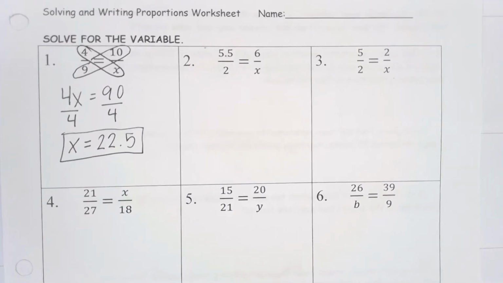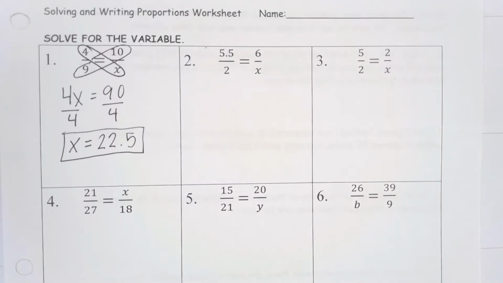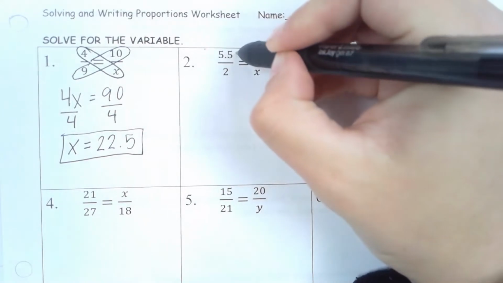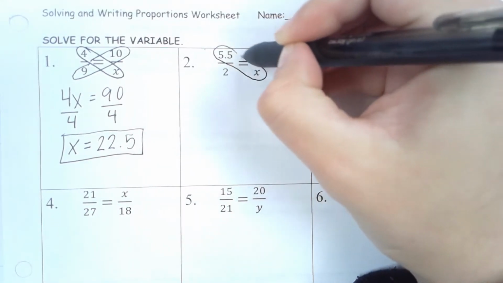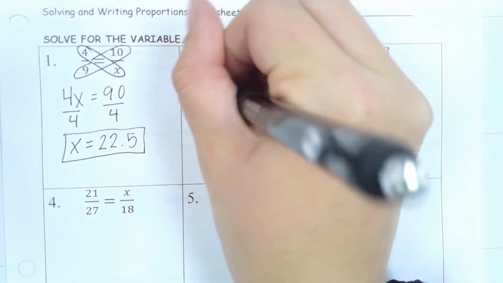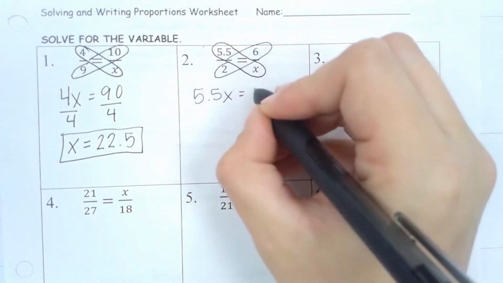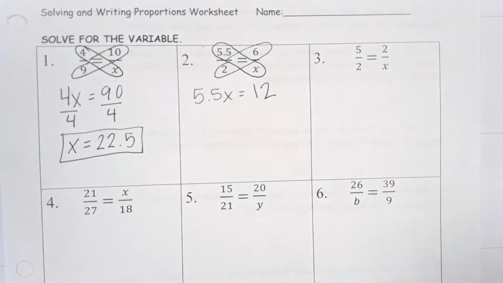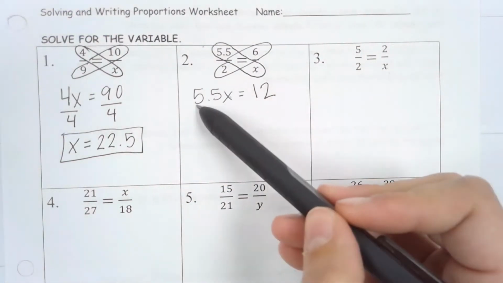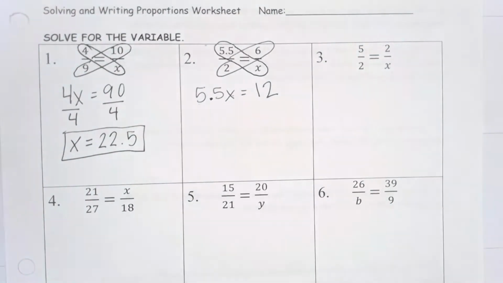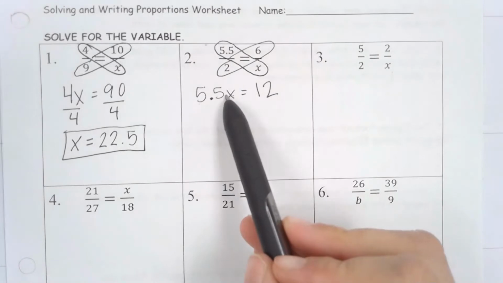Okay, so moving on to number 2. So number 2 here, again, when you're trying to solve for a missing variable in a proportion, you cross multiply. So if we were to take 5.5 times x, that gives us 5.5x. Then if we were to take 6 times 2, that gives us 12. And again, to get x by itself, I need to get rid of this 5.5 by doing the inverse operation of whatever operation it's currently doing.